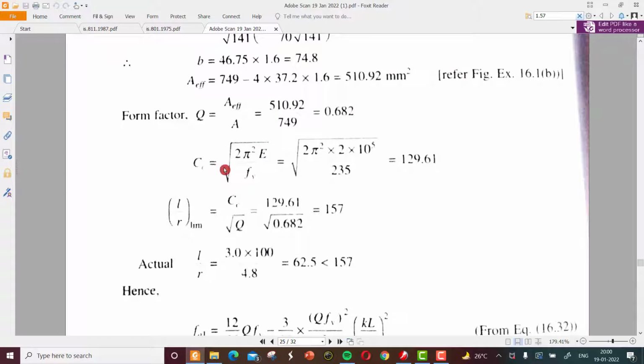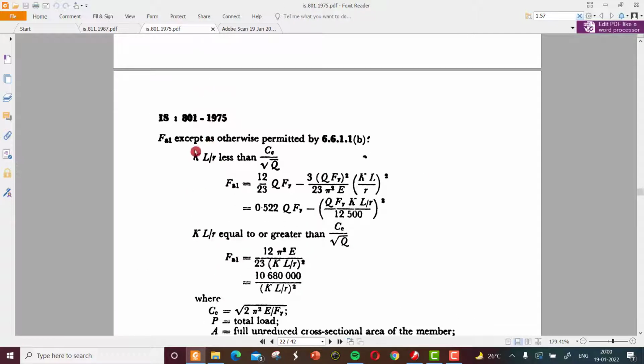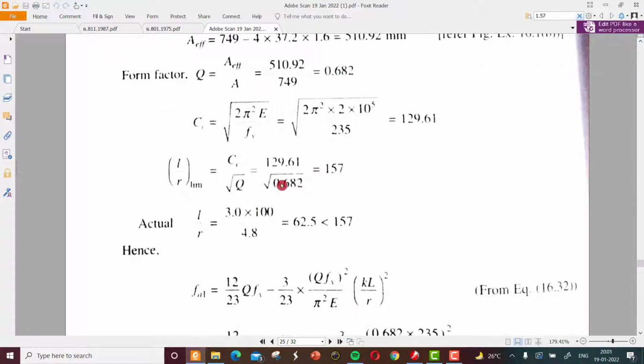So the Cc is equal to root of 2 pi square E by Fy, we get 129.61. L by R limiting. It is actually the K in the KL by R, where K depends on support condition. Make assume it is simply supported or both ends hinge. So K is equal to 1. L by R is equal to Cc by root Q, which will give you 157.